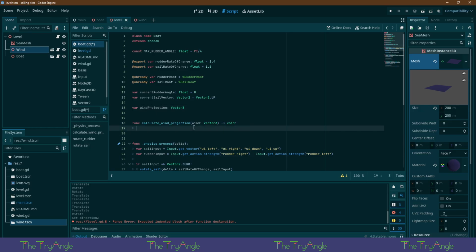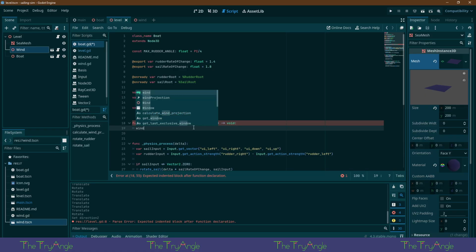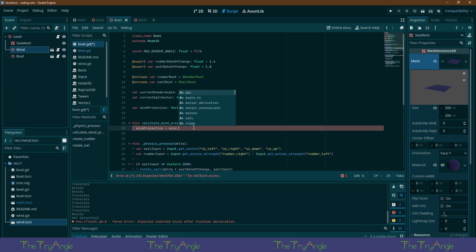All right. And our wind projection is going to be, let's see, we're going to have the wind dot with another vector. No, I don't want the dot product.